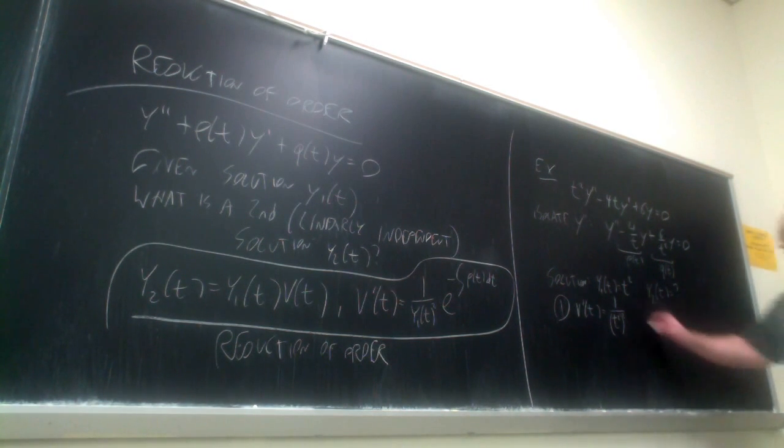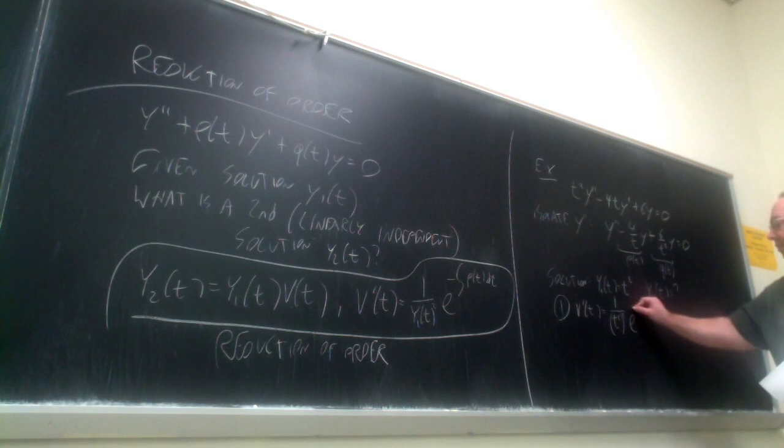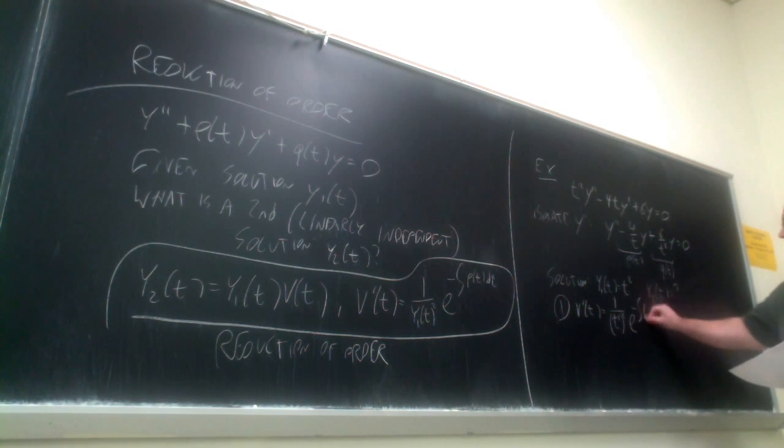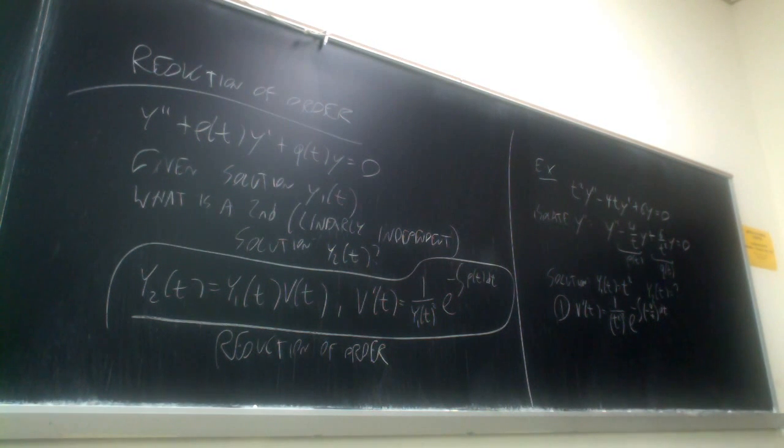And then e to the minus integral of p of t, which is, watch your signs, minus 4 over t dt. This is just from plugging in all the pieces of the formula over there. Any questions at this point before we actually work that out?